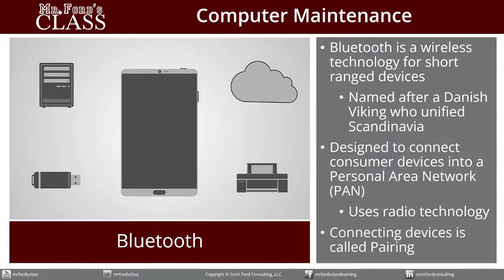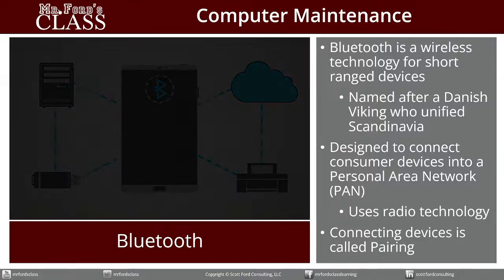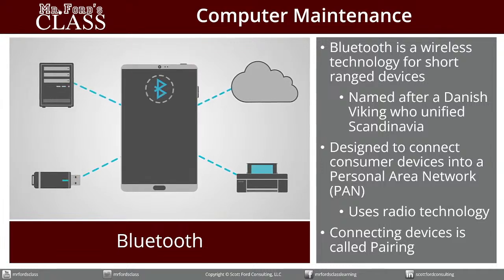Then we have Bluetooth. Bluetooth is this really cool way to connect devices together through a wireless technology. It's named after a Danish Viking who unified Scandinavia. And it's designed to connect consumer devices into what we call a personal area network, or a PAN. And it uses radio technology.